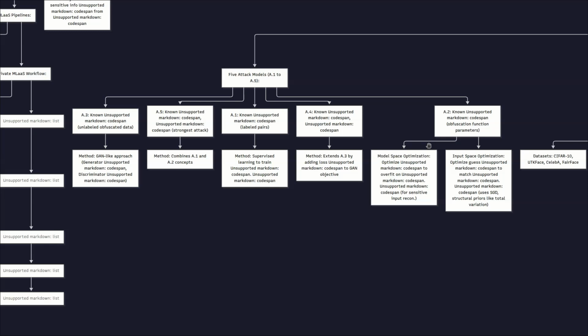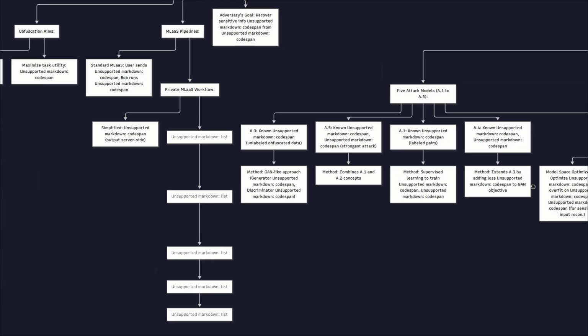Data and distribution: more training data improves attack success, and attacks can work across different data distributions, showing their robustness. And empirical focus: unlike differential privacy, which offers theoretical guarantees, the paper emphasizes empirical testing due to the complexity of high dimensional data.